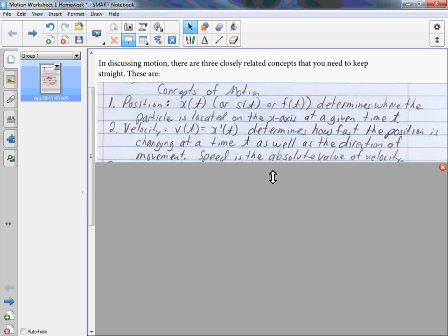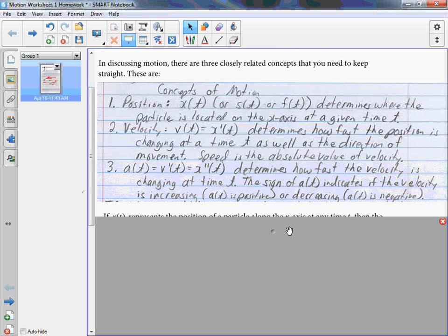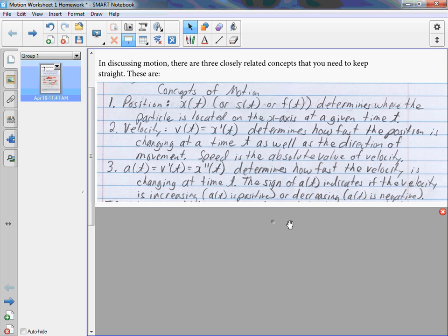And our third thing is acceleration. A of t is normally called acceleration. It is the derivative of the velocity, so it's equivalent to v prime of t. And since the velocity was the derivative of our position function, a of t is also equivalent to x double prime of t.